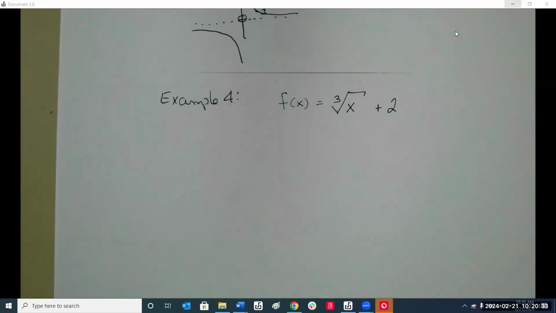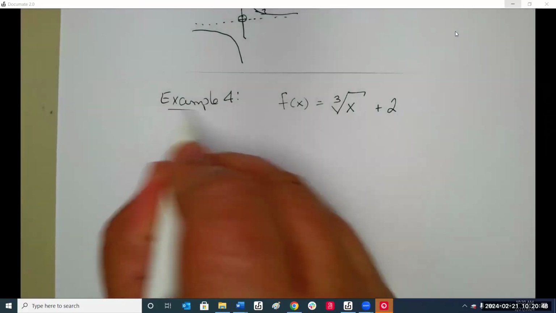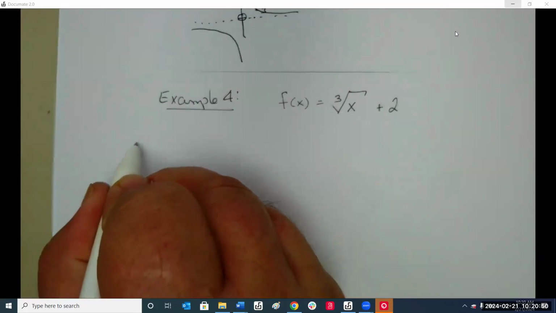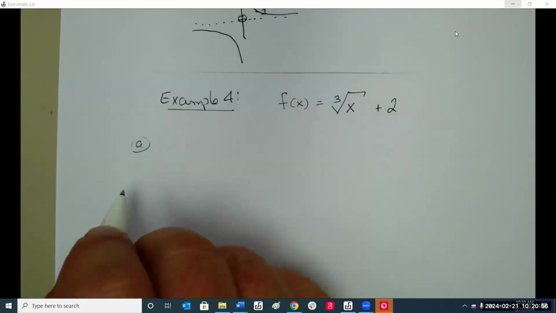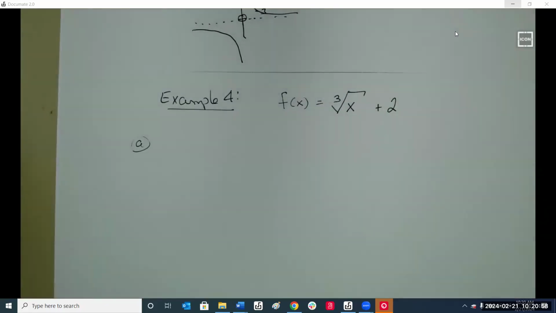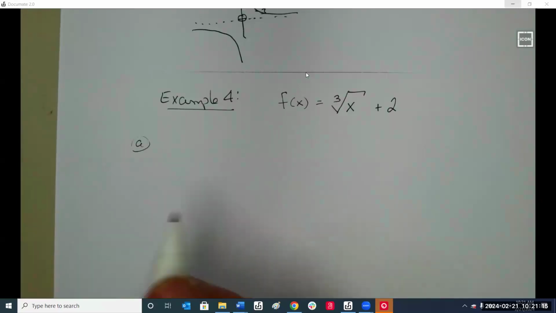How about that one? What's the basic function?